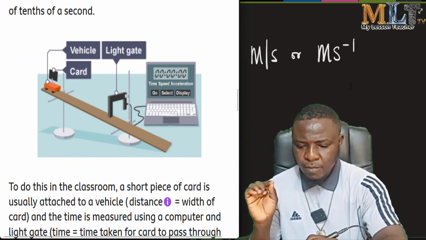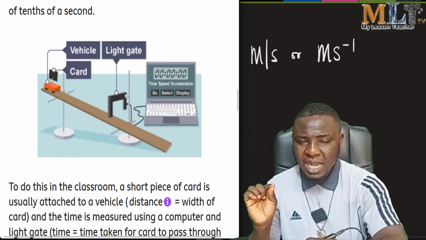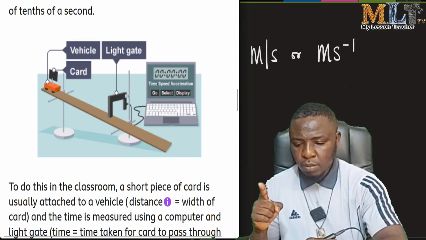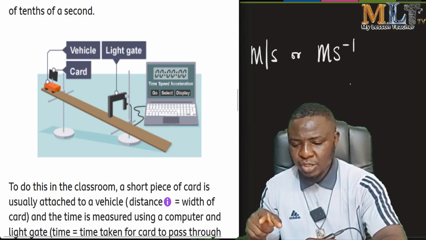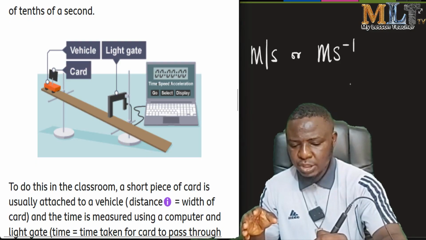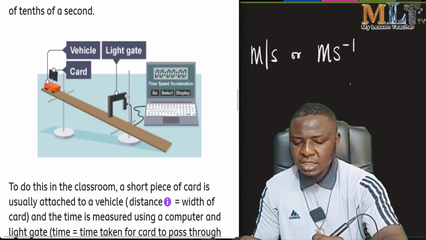This is the card. The card is acting like the object which you are measuring, the vehicle. So this is the vehicle which moves along the rule. Okay, we have the light gate.